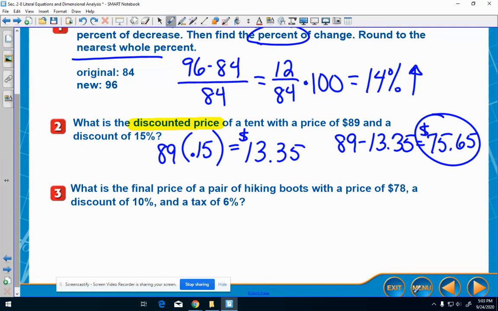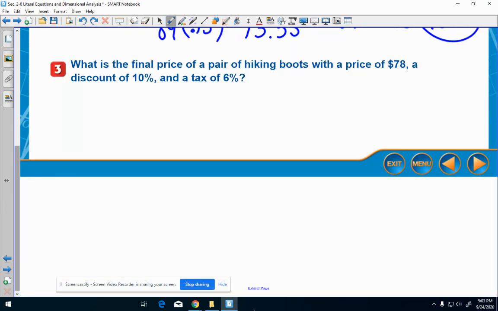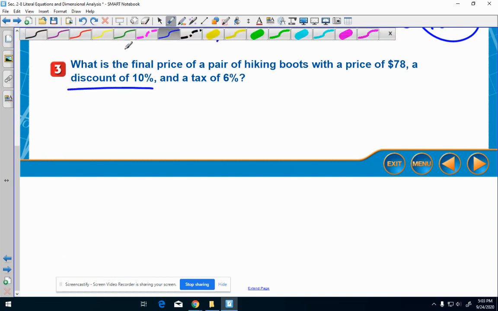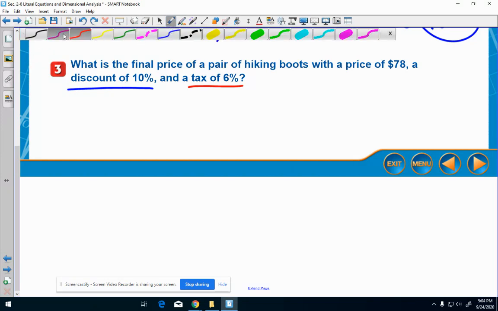Are you 1 for 1 and now 2 for 2? We'll find out. In the last question, it says, what is the final price of a pair of hiking boots that were originally $78 with a 10% discount and sales tax of 6%? It is really important in this problem that you understand that the discount of 10% and the tax of 6% cannot be applied at the same time.